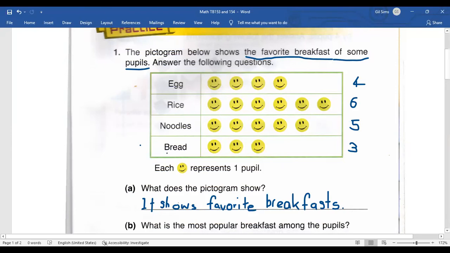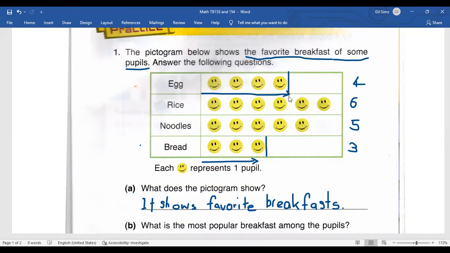So we write bread, noodles, rice. And we can tell that by the pictogram, can't we? The smallest is here. Then the next one is there.